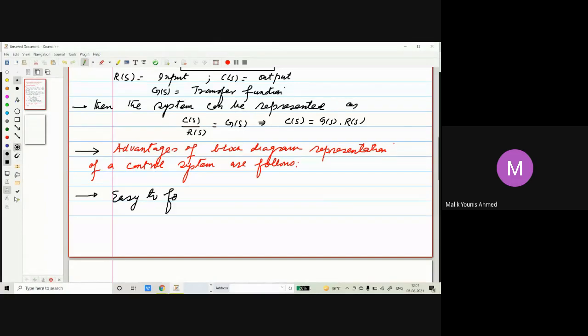Easy to form the control system model by merely connecting the blocks according to various signal flows.